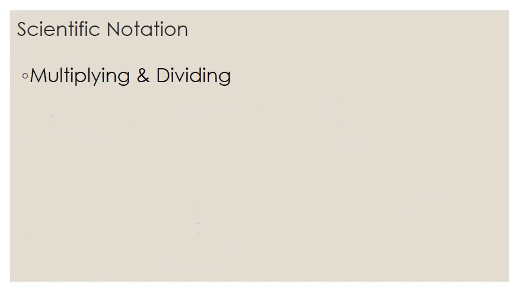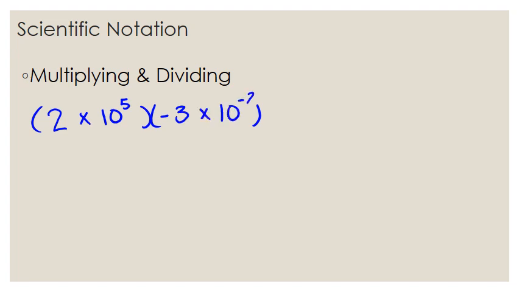Let's talk about multiplying and dividing scientific notation. What I mean by that is if I give you two terms in scientific notation, let's say I have a 2 times 10 to the 5th, and I have a -3 times 10 to the -2. If you take a look at this in general, really what I have here is 4 things being multiplied.